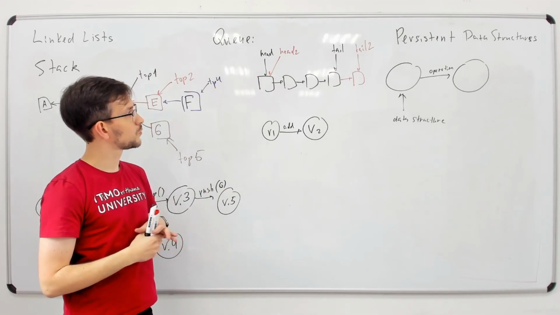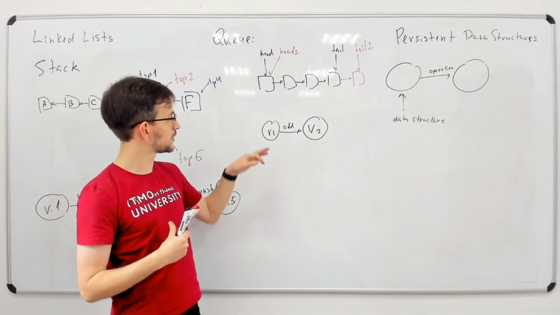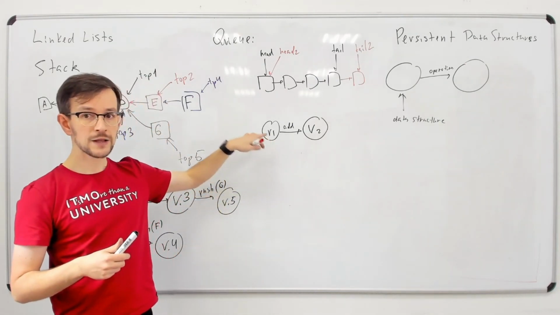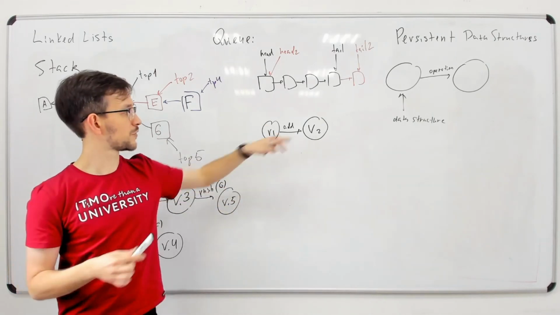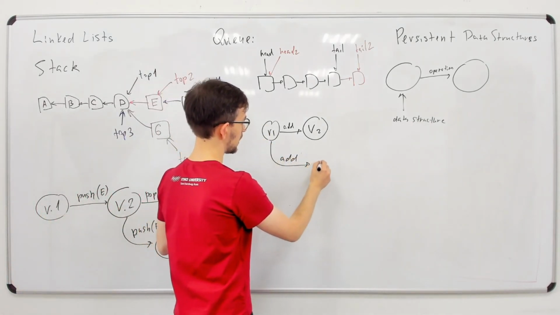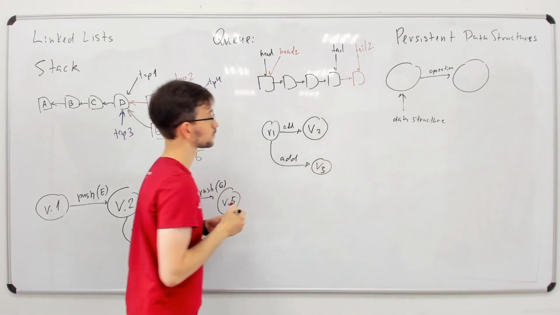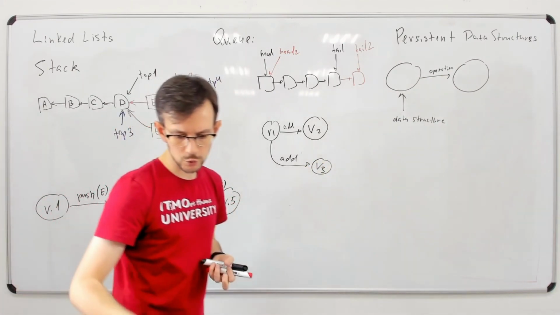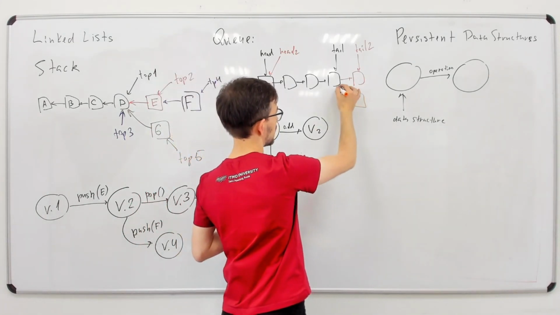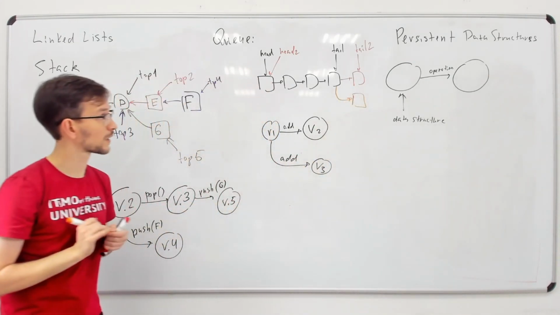The problem will be when you try to add another element to version 1. So if you want to take this version 1 and add another element instead of this one, so if you want to branch here and add another element, then you need to have another element here and make a pointer here.